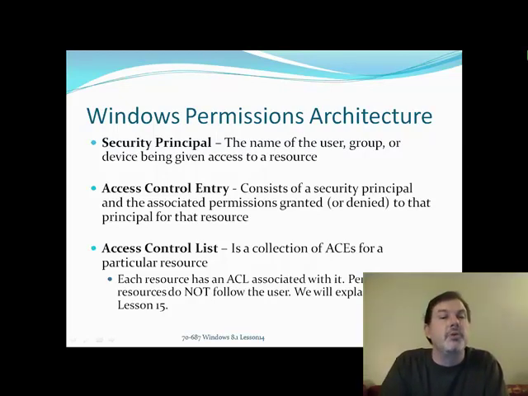The access control list, quite simply, is a collection of these access control entries for a particular resource. And each time you look at a specific user or group, whether it's system or administrator or Jane or Neil0029, each one of those security principles is entered as an access control entry in that access control list.